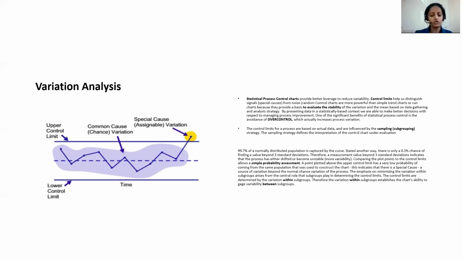The control limits are based on the actual data, which are influenced by the sampling, which is called subgrouping. The sampling strategy defines the interpretation of this control chart.